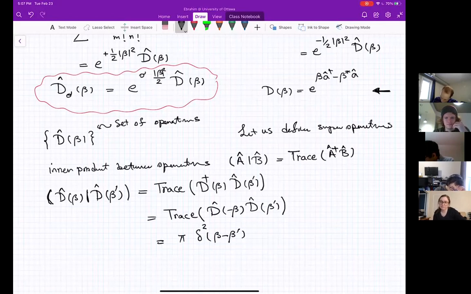Why I wrote that as delta power of 2, I meant that, remember, beta is a complex number, so it's a two-dimensional variable. All right? So it will be delta of beta real minus beta prime real times the delta of beta imaginary minus beta prime imaginary.